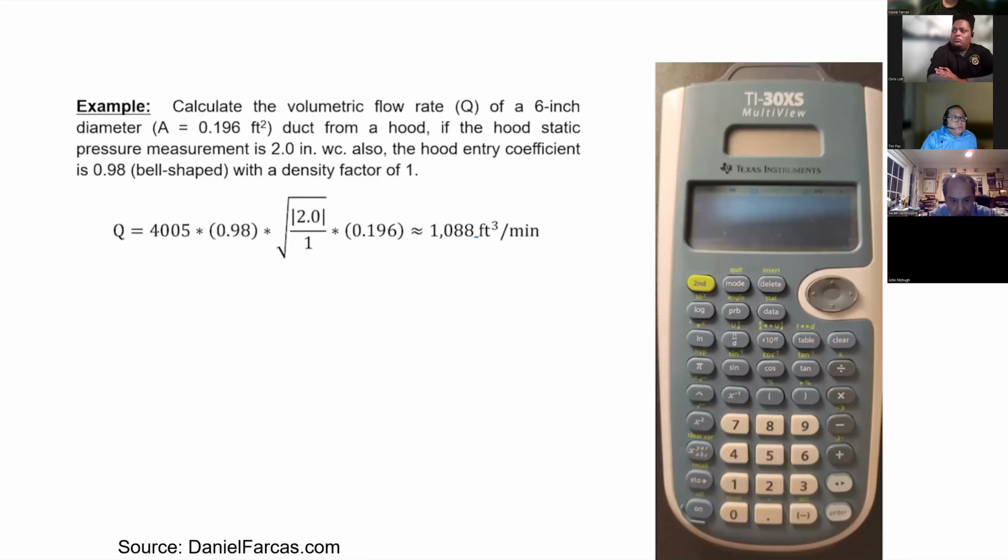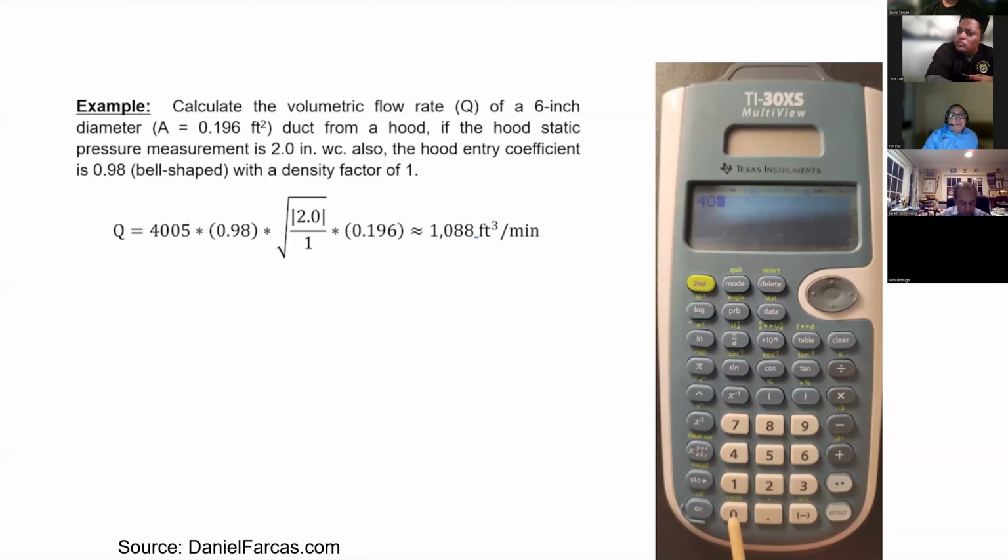Now let's do an example. Calculate the volumetric flow rate of a 6-inch diameter duct which has an area of 0.196 square feet from a hood if the hood static pressure measurement is 2 inches water column. Also, the hood entry coefficient is 0.98 because it's bell-shaped, with a density factor of 1.